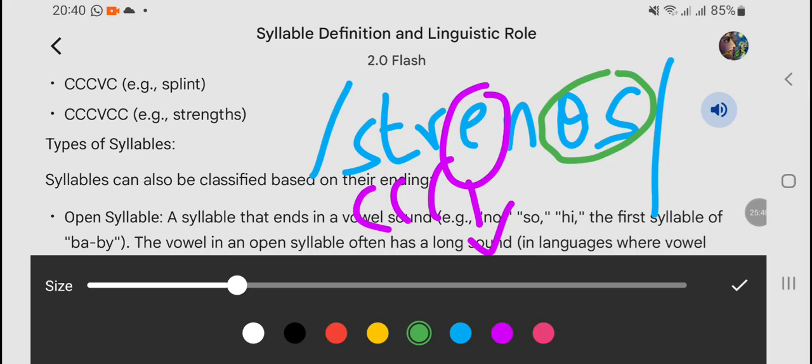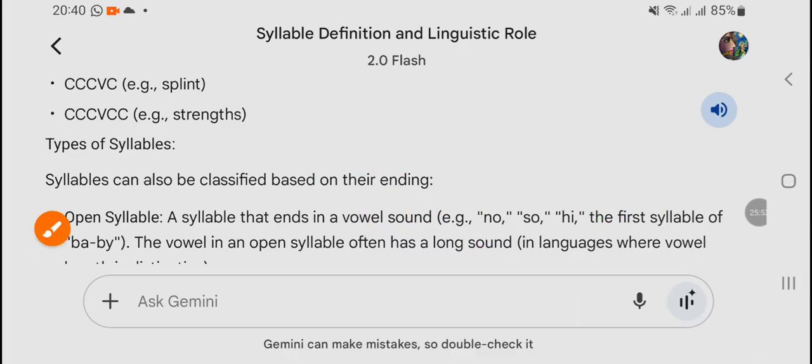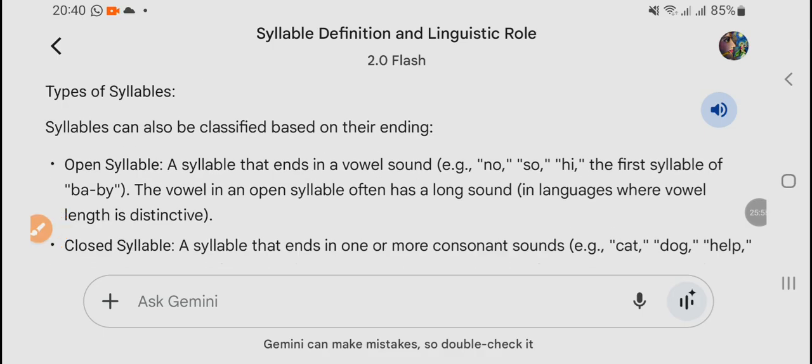This is strengths, and that is why here there are just two syllables, one syllable and this is the second syllable. I will explain this to you later on.